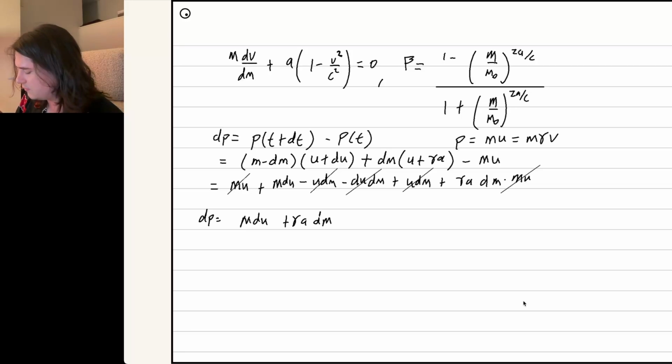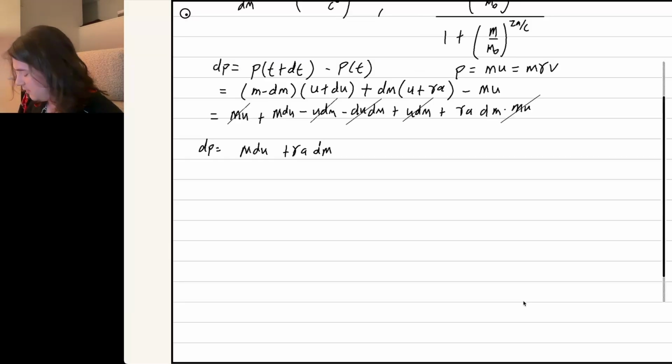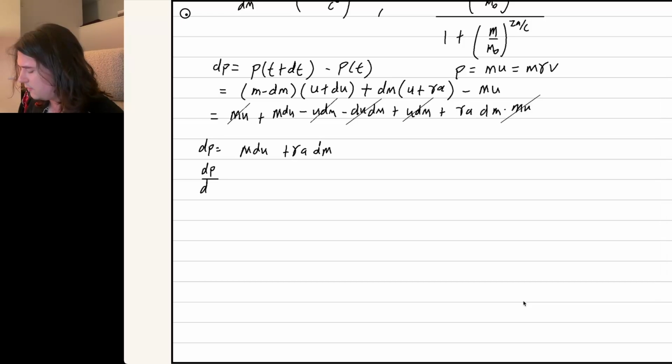We can just divide each of these elements of the equation by dm, the mass differential, so m du/dm plus gamma a.